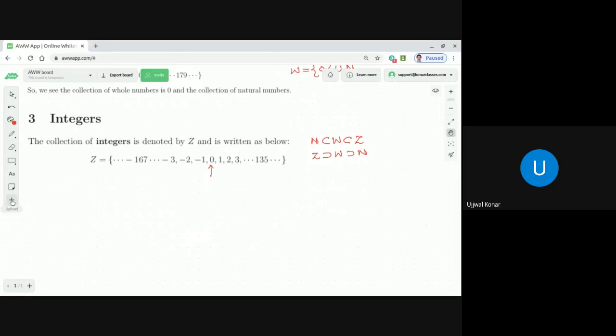Our next point of discussion is the rational numbers. How can we define the rational numbers?